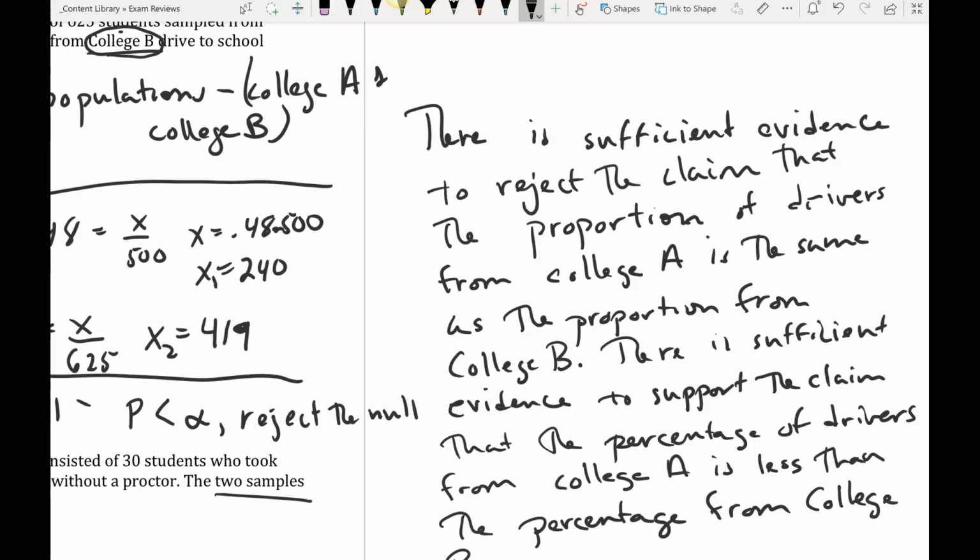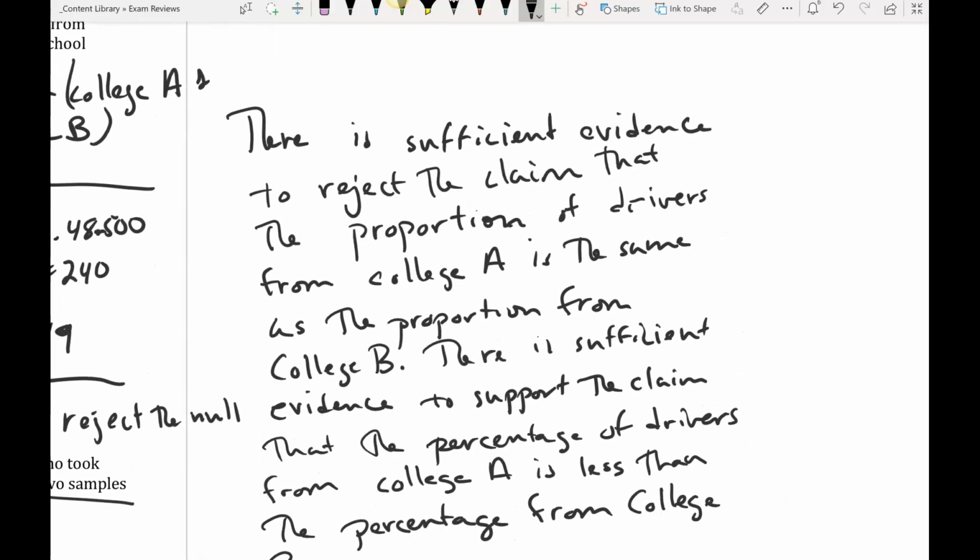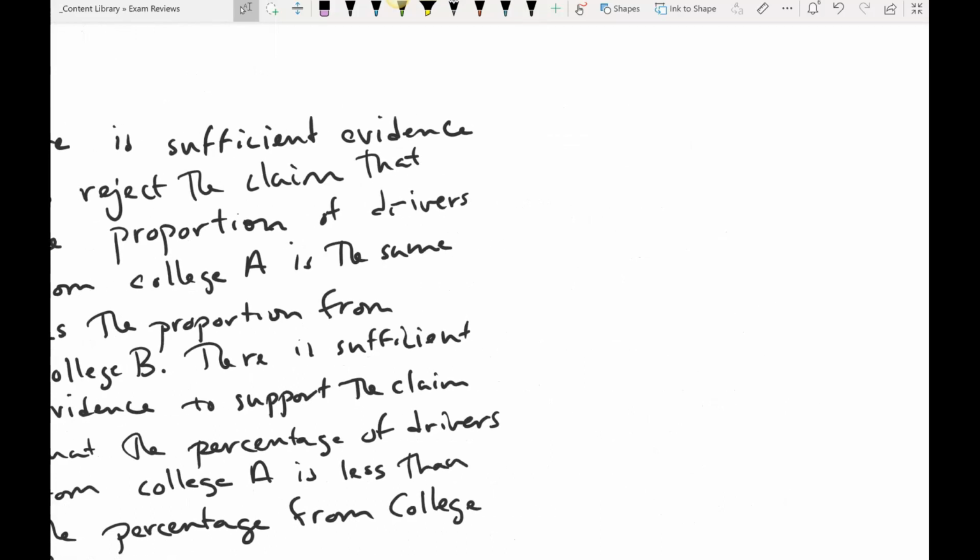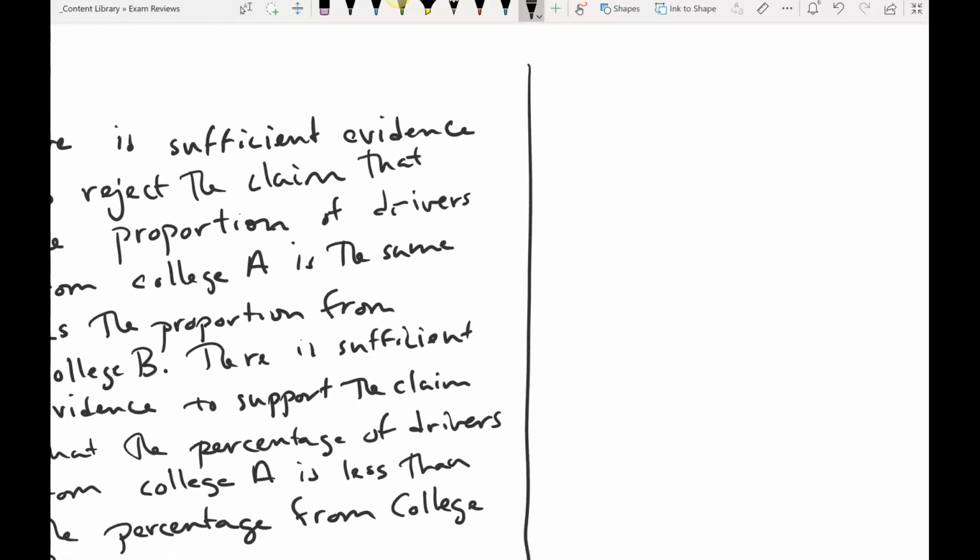Okay? Now, the next part here is to think about the interval. And if you noticed that my null hypothesis was written as P1 minus P2 equals 0, and that's my null hypothesis of H naught. Okay? That's actually the difference of the proportions.